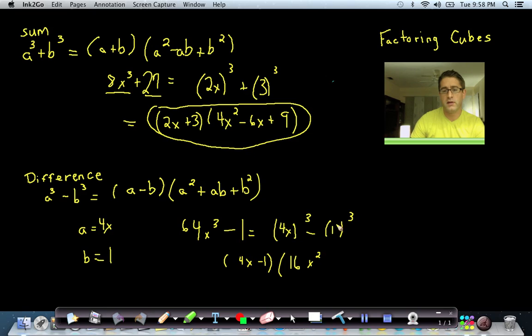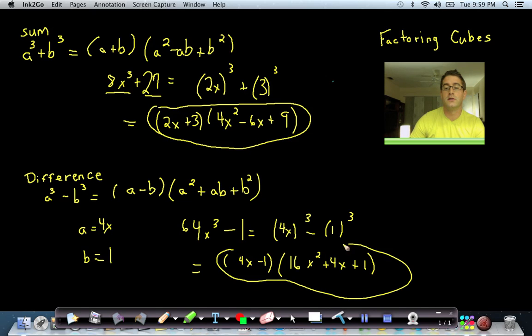And then plus ab, which would be 4x. And then we need another plus, which would be b squared, which is simply 1, because 1 times 1 is 1. And there, my friends, I have now factored the difference of two cubes.